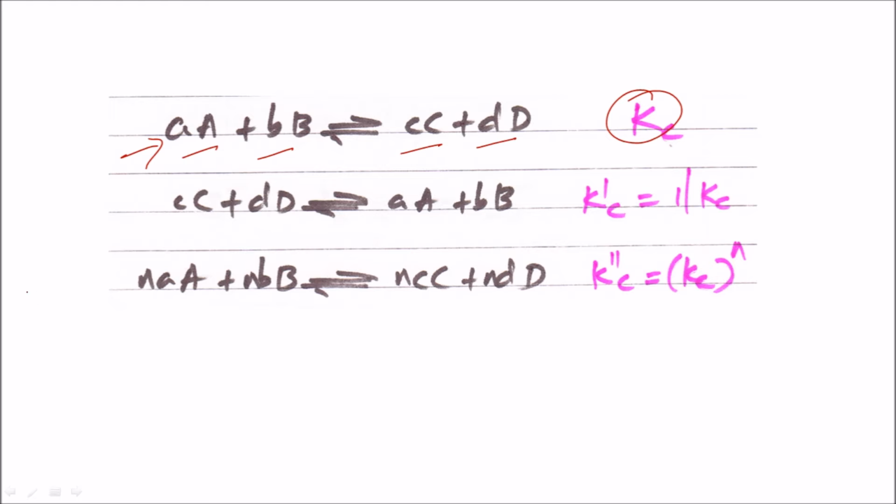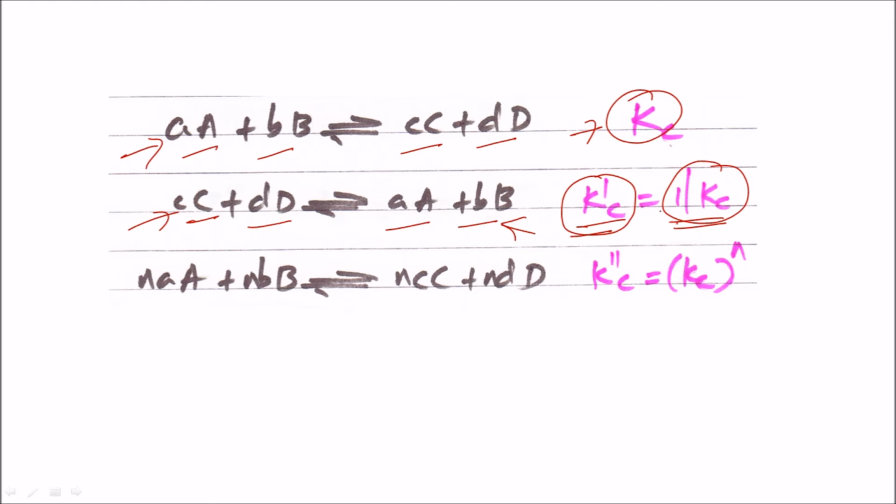Now I just reverse the reaction: c moles of C plus d moles of D giving a moles of A and b moles of B. If we have a reverse reaction, we can easily get the new equilibrium constant, K dash c, which is the reciprocal of the equilibrium constant of the original reaction. So if it is Kc for the first reaction, then we take 1 by Kc.